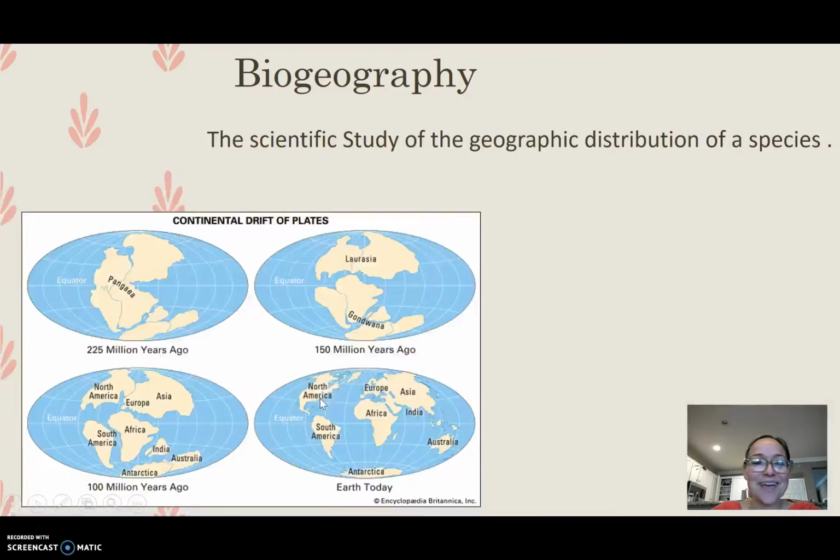Let's go ahead and look at our last piece of evidence, which is biogeography. Biogeography is the study of the geographic distribution of a species. About 250 million years ago, the Earth's continents, the land masses, were in a supercontinent called Pangea. And over time, continental drift has shifted our land masses apart.